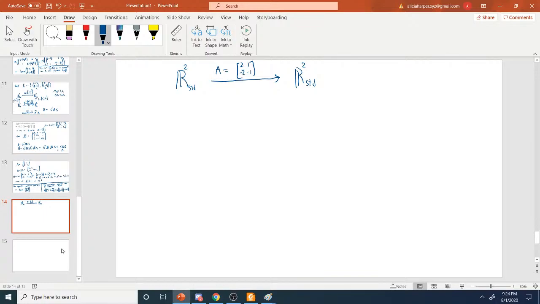And with respect to the new basis E, where E has vectors 1, -2, and -1, 1, it's given by a matrix D, where D is equal to 0 and 1.